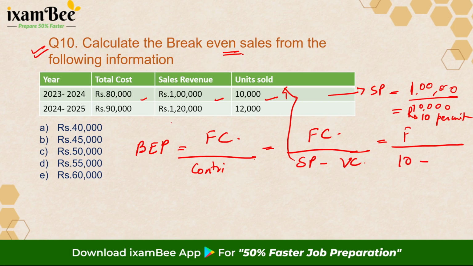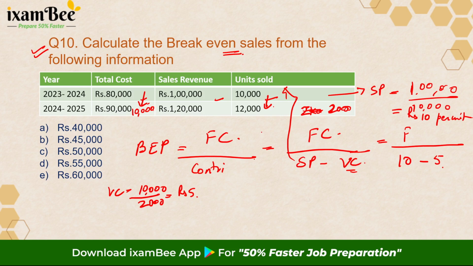Now variable cost is something that changes with production, right? So I can see with an increase of 2,000 units, my cost has increased by 10,000 rupees. That means my variable cost is 10,000 rupees divided by 2,000, which is rupees 5. So I know my variable cost is rupees 5.